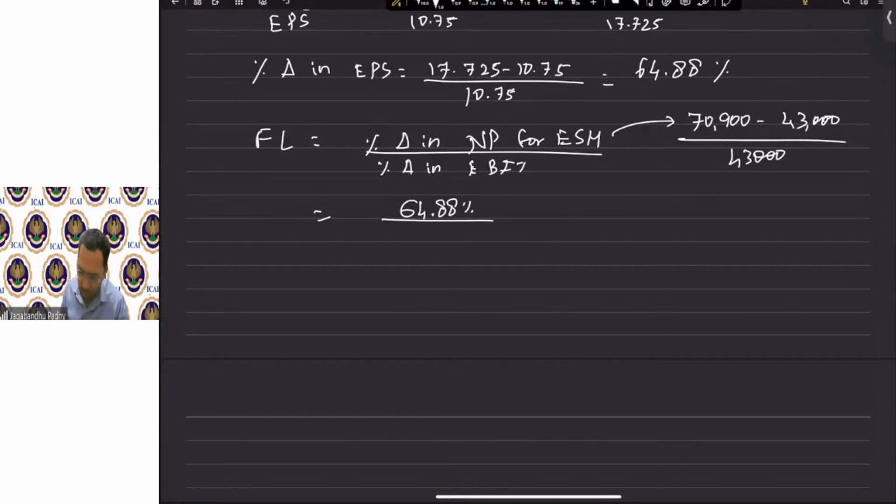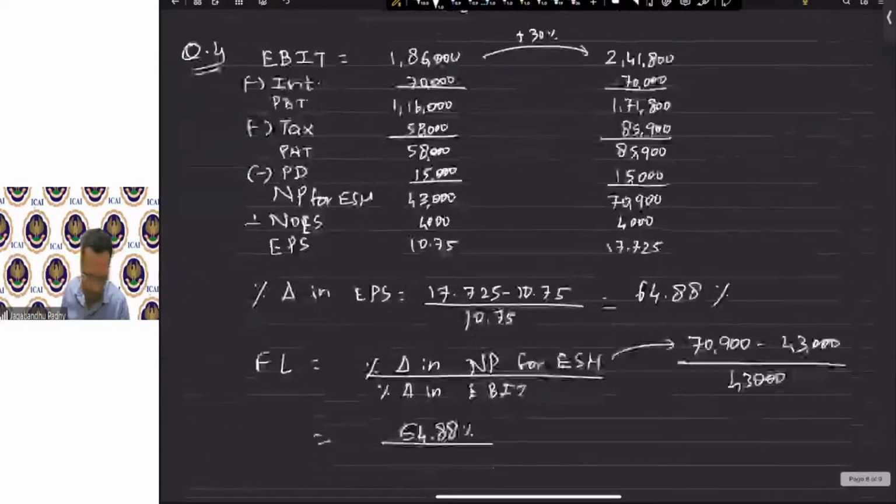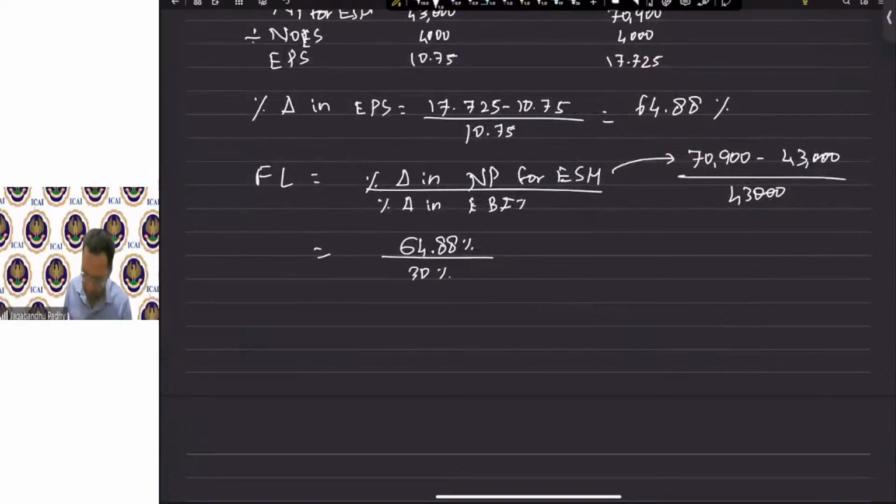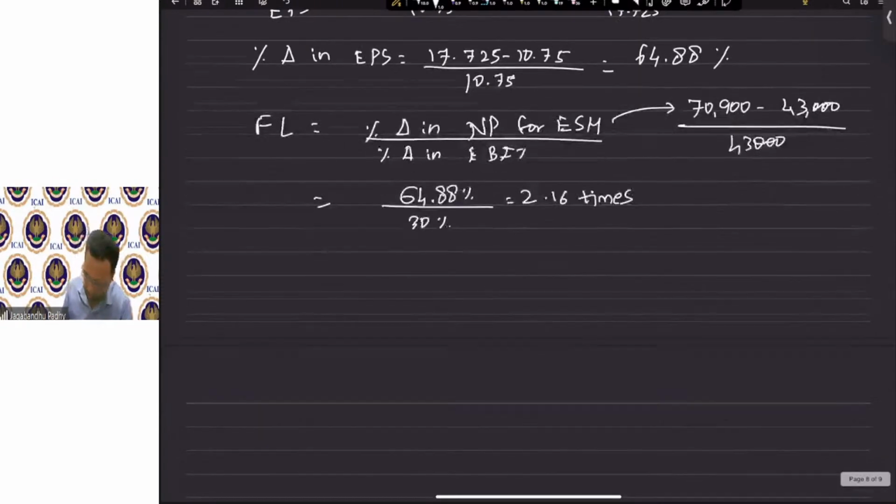Then the percentage change in EBIT is anyway 30%. So financial leverage is 2.16 times.